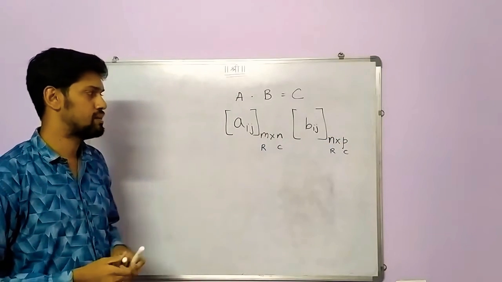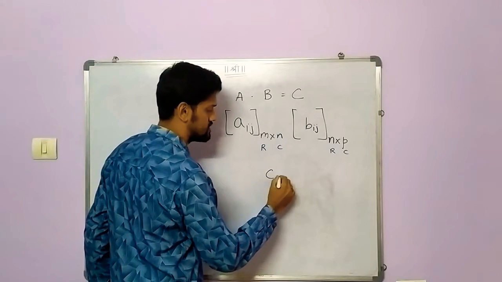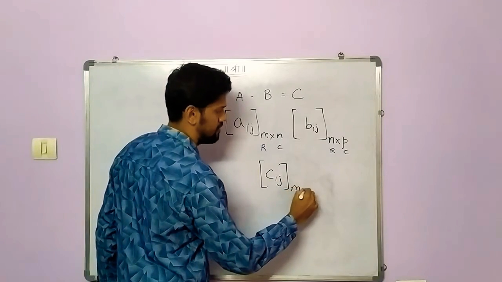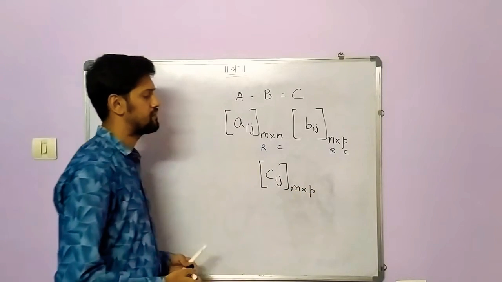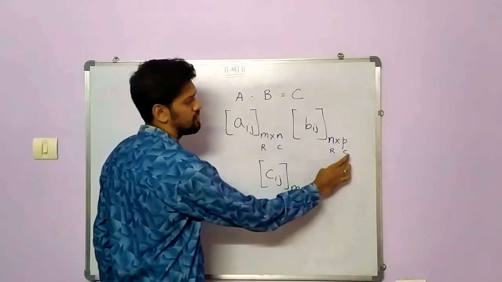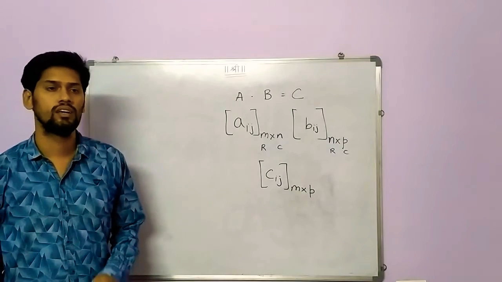And when these two matrices are multiplied, the third matrix that we get will have the order m cross p. Number of rows is from matrix A, number of columns is from matrix B.